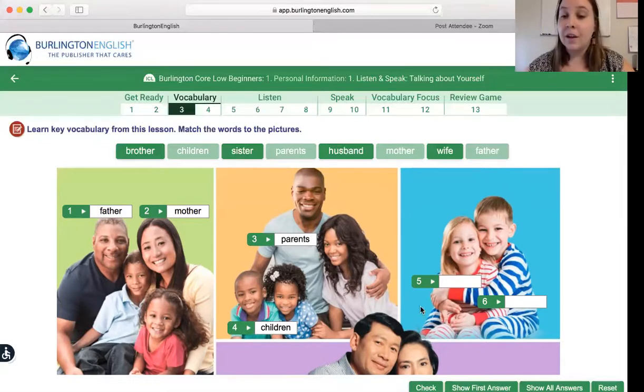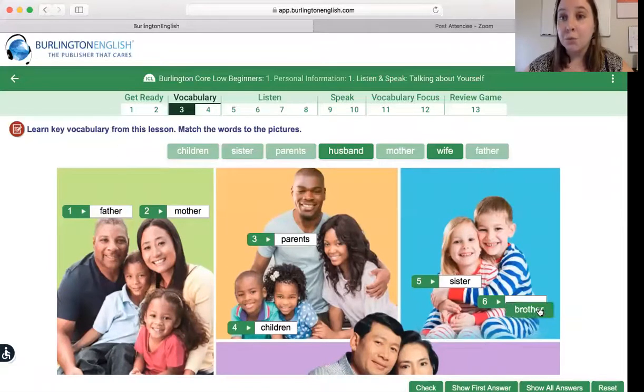Good. Now let's look at these two. So these are the children, but who are they to each other? So she would be the sister. So she is his sister, and he is her brother, brother.